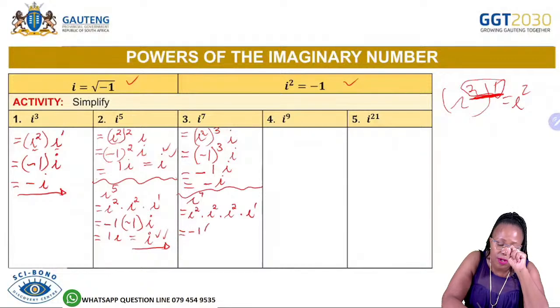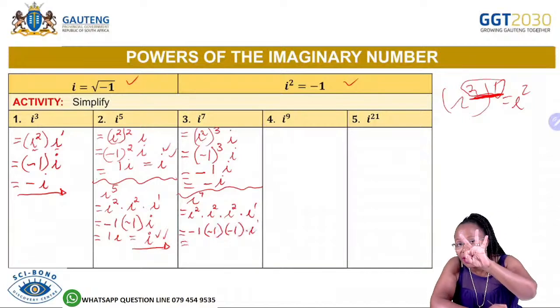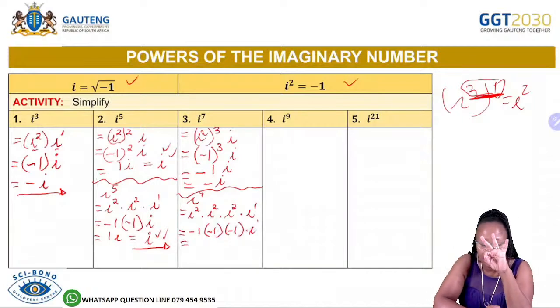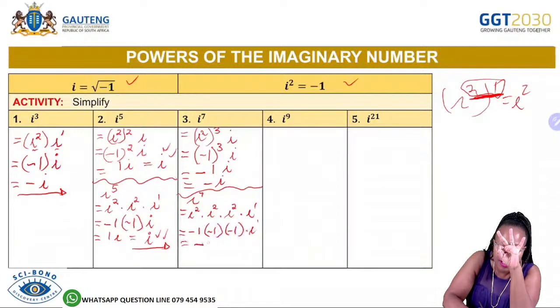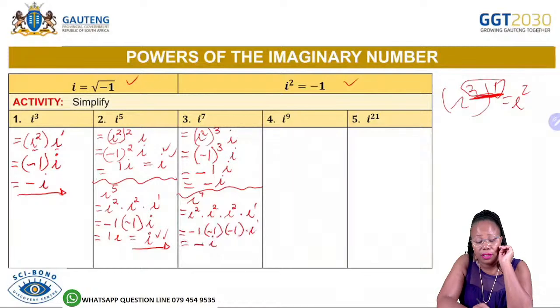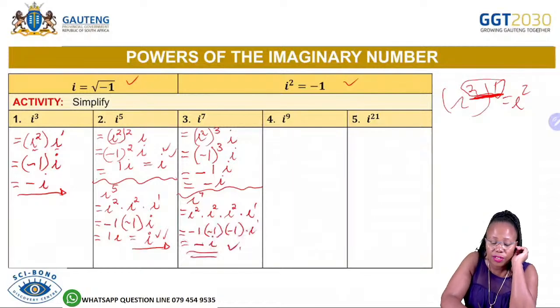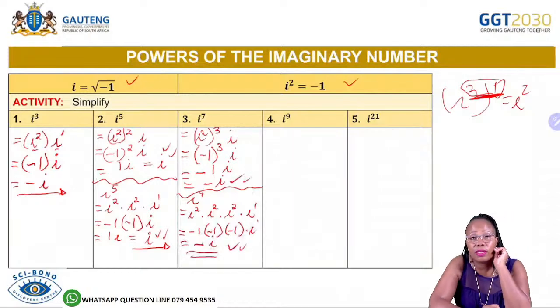It's negative 1 into negative 1, the third one, negative 1. And then we have that i to the power 1 there. So how many negatives do you have? 3. Can you see they are odd? And therefore they will be a negative answer there. Negative 1 i, which is negative i. So that is the solution, which is the same as that one.